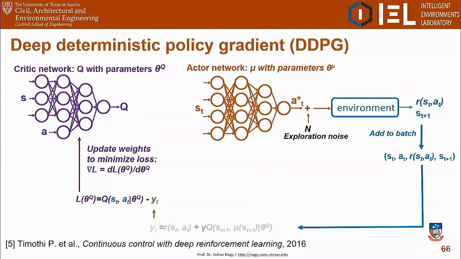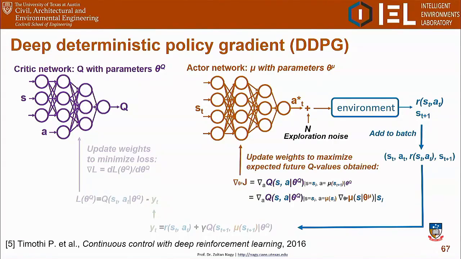And then the trickier part is how we update the actor network. For the actor network, we want to find where are the actions that maximize our Q values. So we will use the gradient of the Q values with respect to the actions.